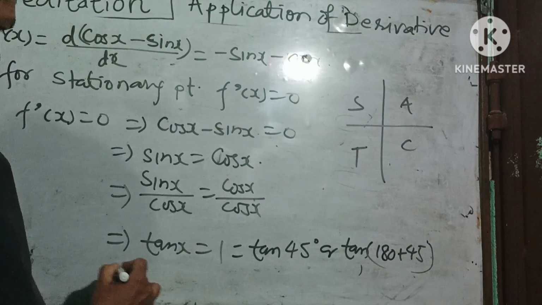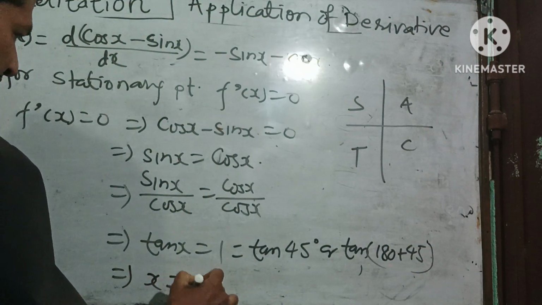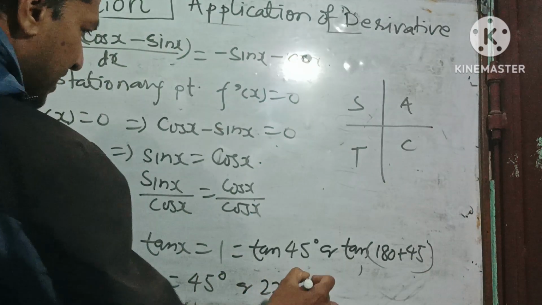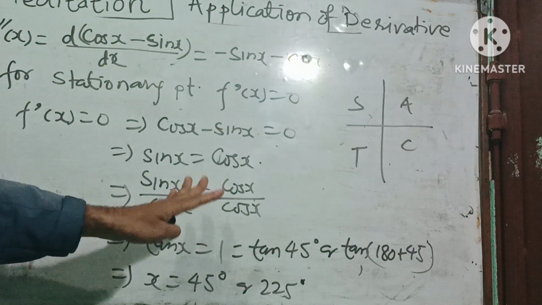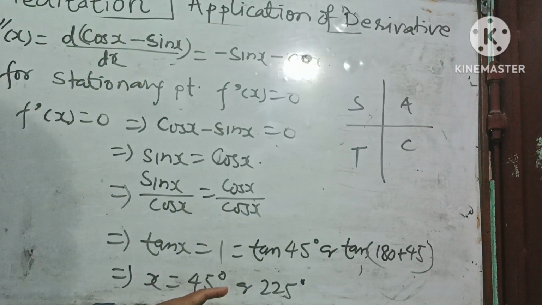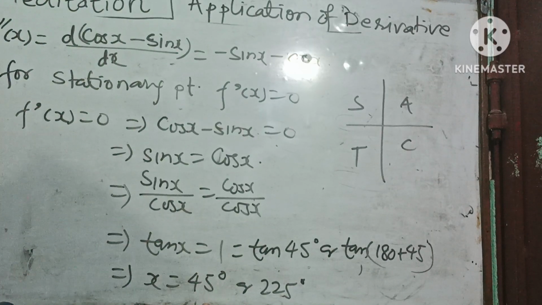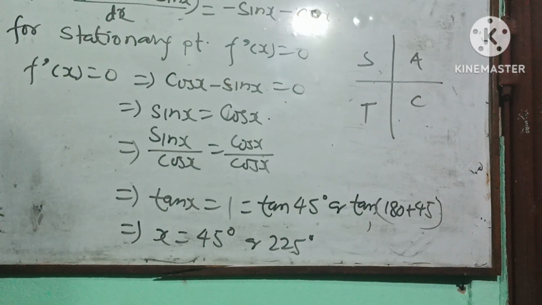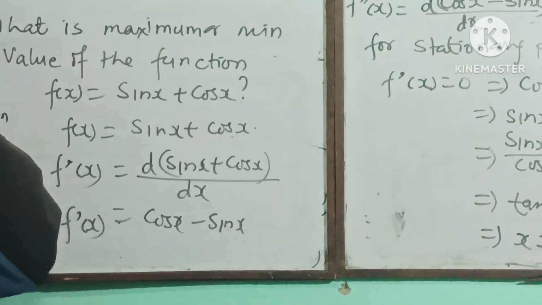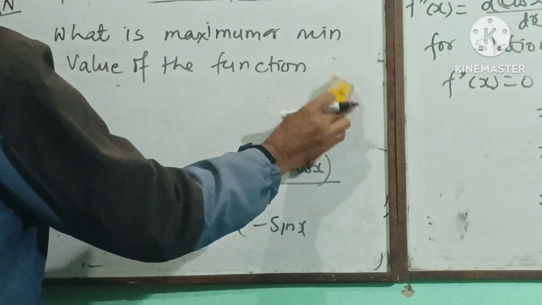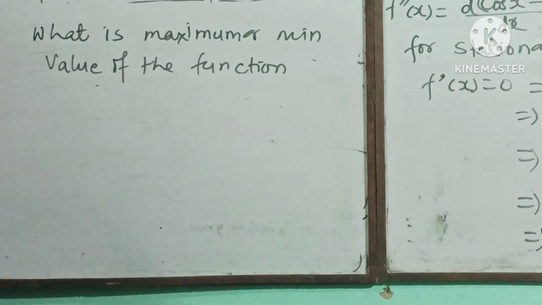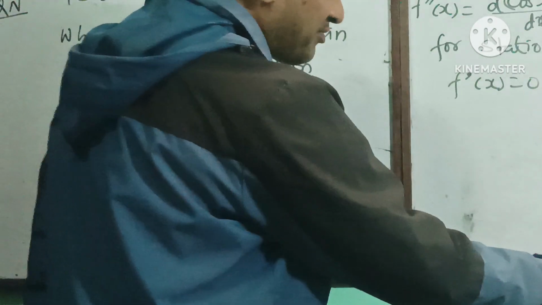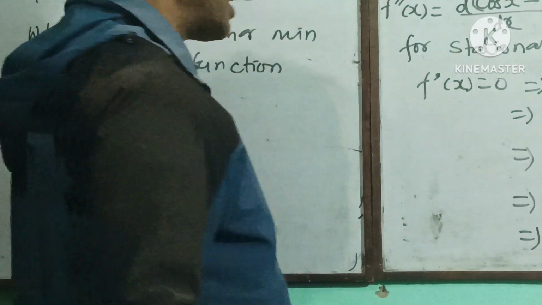So we can get the value of x as 45 degrees or 225 degrees. Clear? We are not taking more than this value, so it is easier. So the value of x we have got is either 45 degrees or 225 degrees.